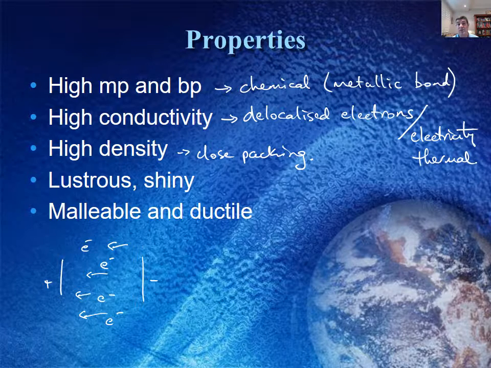The way that the light bounces off the ions on the surface of the metal gives it its lustrous or shiny appearance, and it's also malleable and ductile, and that's because if we were to look at what happens when we have the metallic ions all sitting in their little sea of electrons, and then we were to hit them with a hammer in some place, we might displace those ions, but the electrons are still going to flow around them, maintain the integrity and the bonding between the electrons and the ions, and so hence the shape will be maintained.